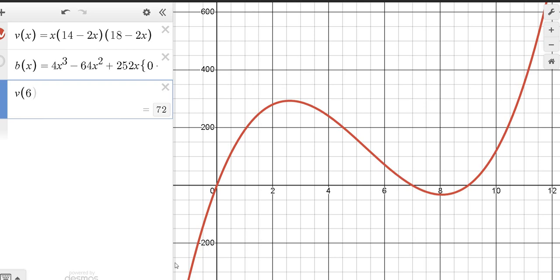So x, 14 minus 2x, 18 minus 2x. So I wrote it as 4x cubed minus 64x squared plus 252. All right, great.